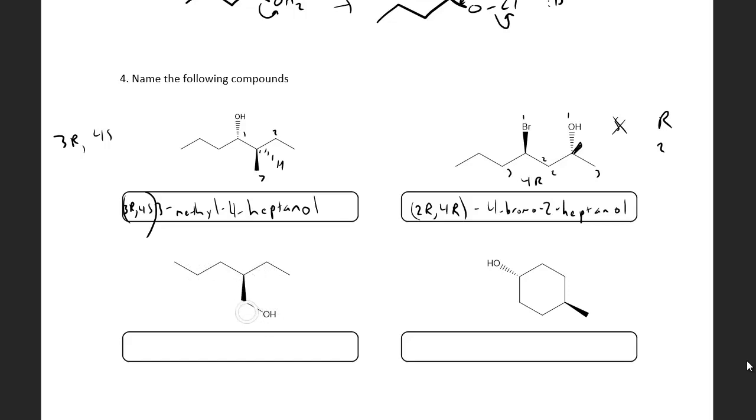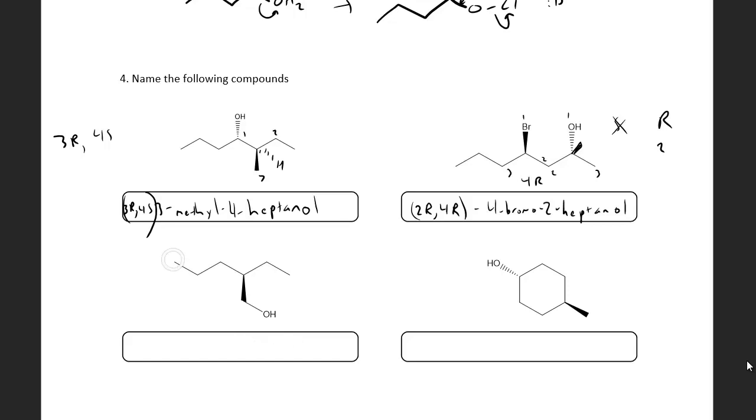So we have to disregard the fact that we have 1, 2, 3, 4, 5, 6. We could make a hexane parent chain, but if that was the case, the alcohol would not be part of the parent chain. There is a way to name that, but I want you to instead basically just make alcohol part of the parent chain because it's easier to name it that way. It's also the IUPAC standard for naming. If you have an alcohol functional group, you can make that part of the parent chain.